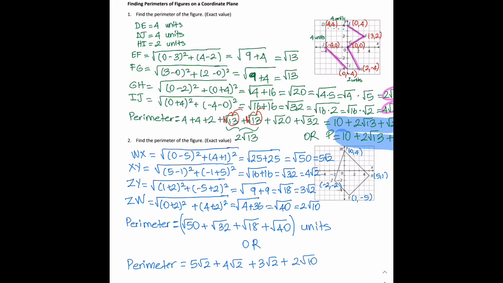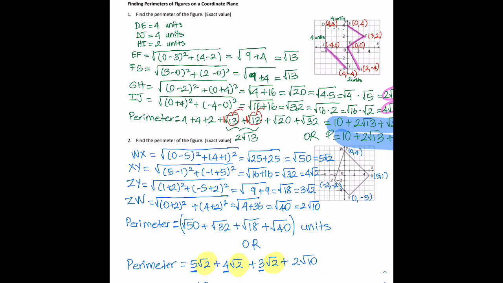And then if you remember, we can combine these three since they all three have square root of 2. If you combine the coefficients, 5 plus 4 plus 3 would give us 12.